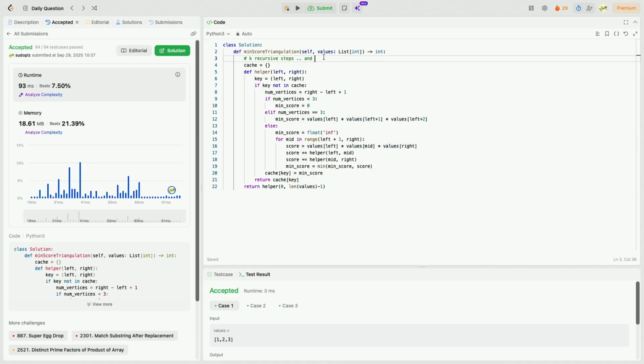K recursive steps and O of n operations per recursive step, right? So that's going to be our time complexity. So how many recursive steps do we have?